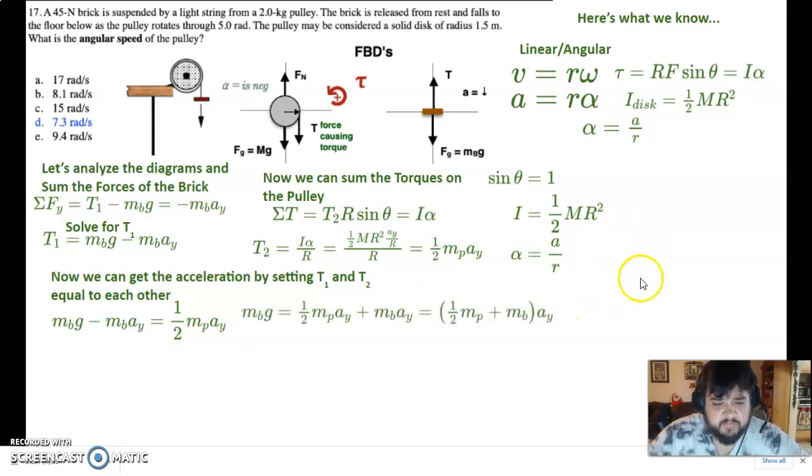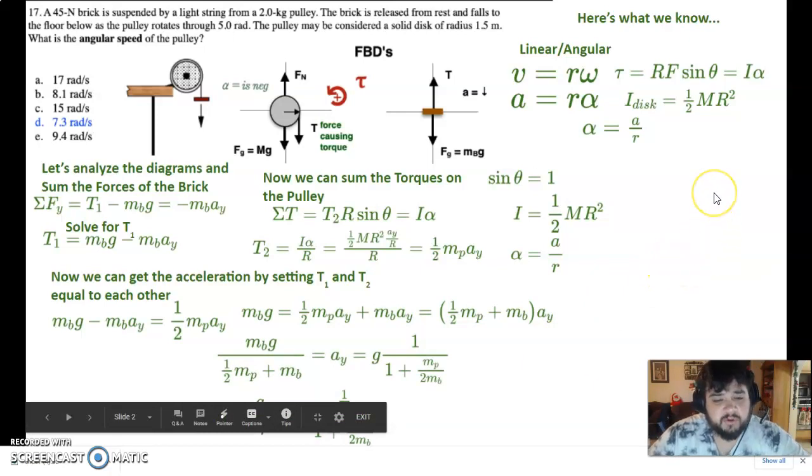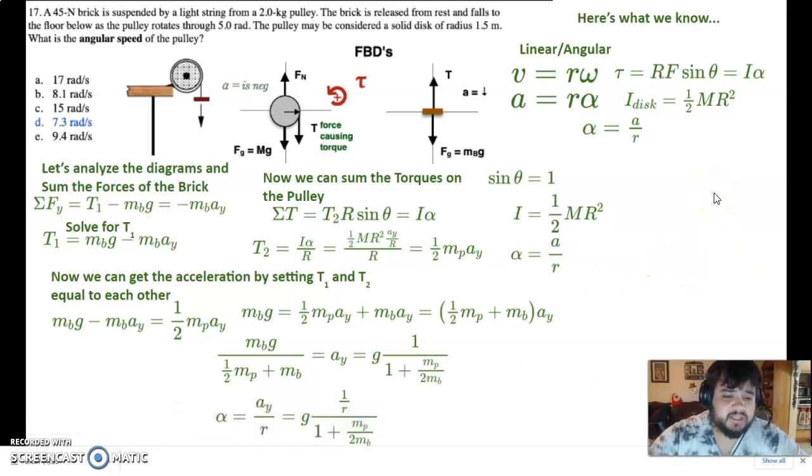Continuing to manipulate the equation, it comes out to be 1/2 times the mass of the pulley plus the mass of the brick times the acceleration in the y direction. You have to convert some of the units from newtons to kilograms. Otherwise, you'll get the wrong answer.